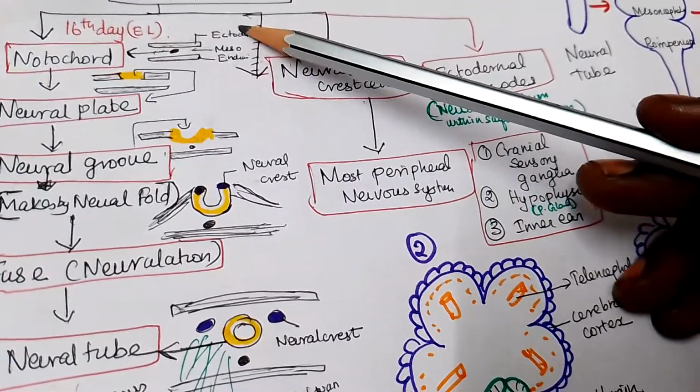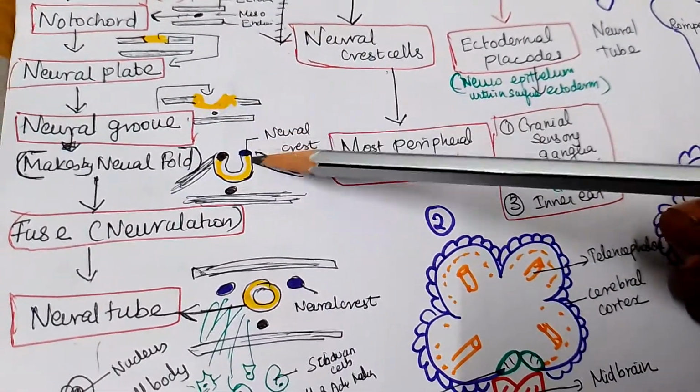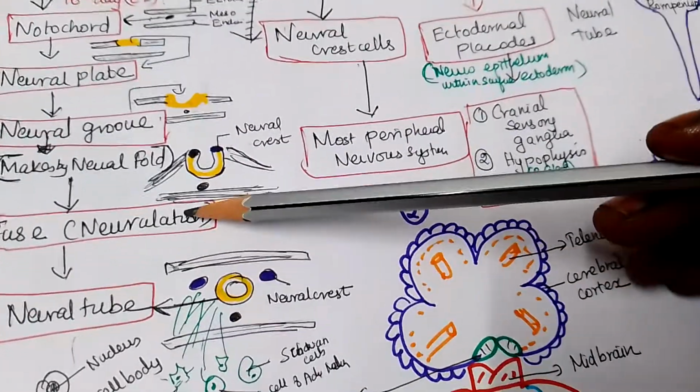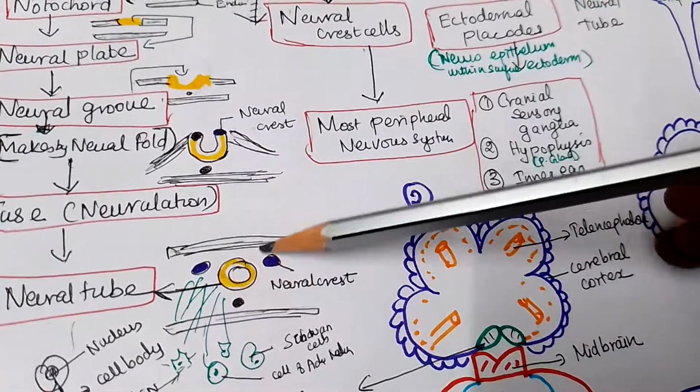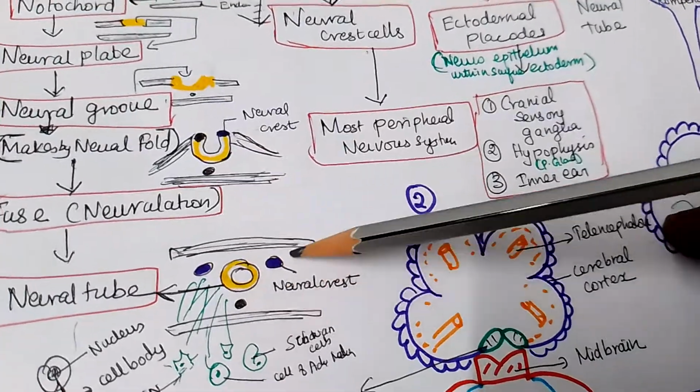From the ectoderm come the notochord and the neural plate, and the neural plate forms a groove, and the groove joins together and forms the neural tube. The neural crest cells are present in the groove.